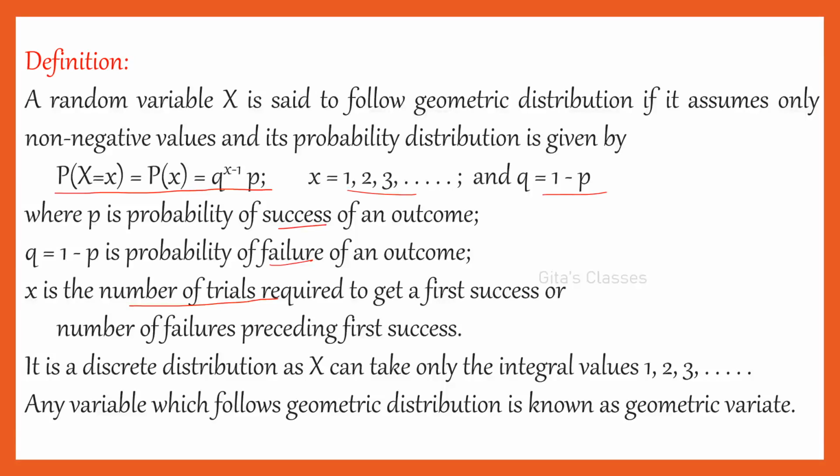And if any variable follows geometric distribution, it is said to be a geometric variate, right? Now we can prove that it is the probability mass function. So what is P(X = x)? It is q power x minus 1 into p, where x varies from 1, 2, 3, and so on.